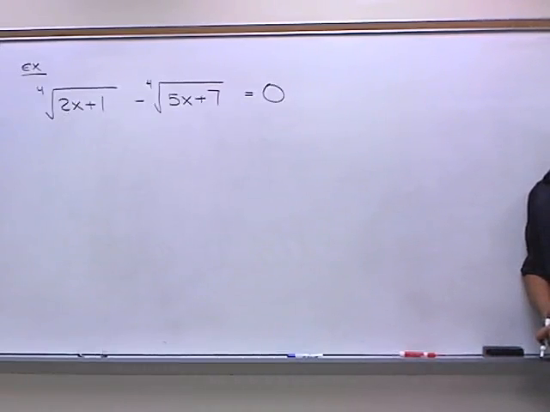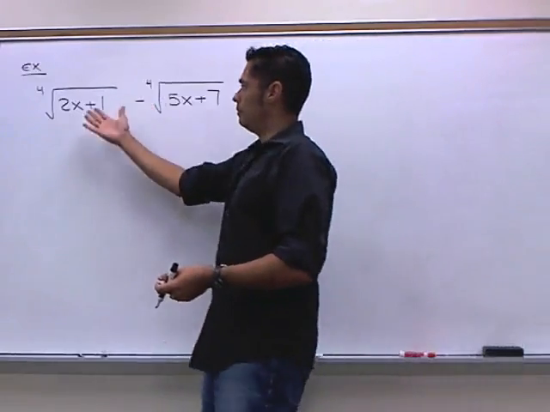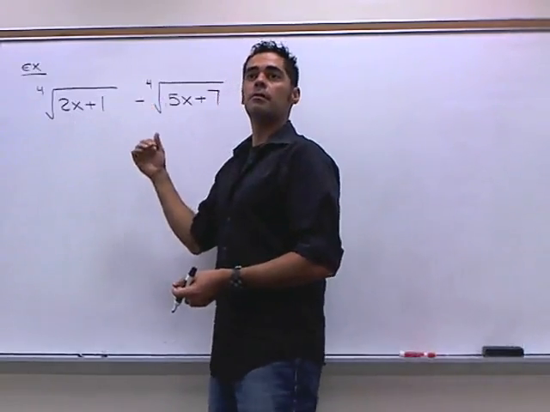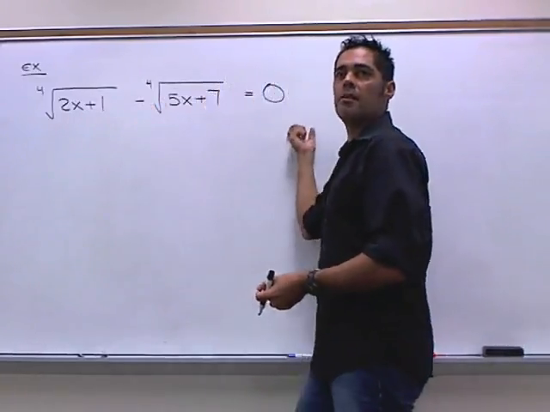Well, what do you think? We have to isolate one of the roots, right? So we get to choose either one. Didn't you say that it's better to get rid of the negative one first? Yes. I would leave this one here and move this one to the other side.